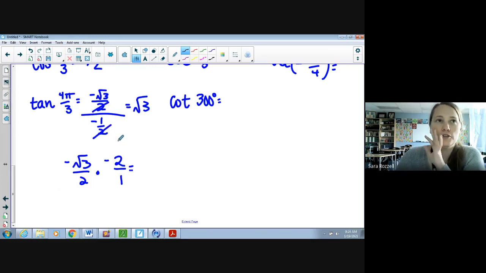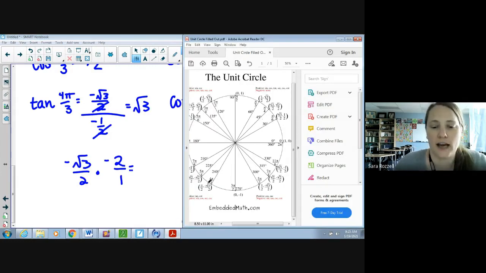Not your numerators, just your denominators. And then you just look at this number over that number. Okay, so negative root 3 over negative 1 is just root 3. So anytime I'm doing tangent, I don't ever write them down like this. I just look at numerator over numerator because I know the denominators are going to cancel.